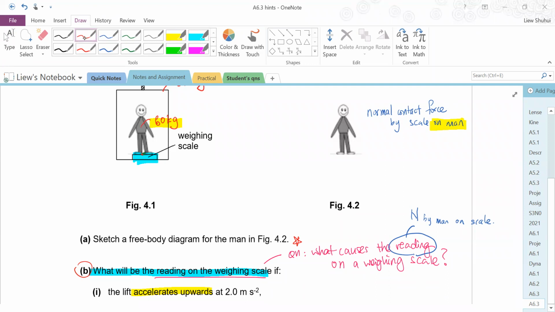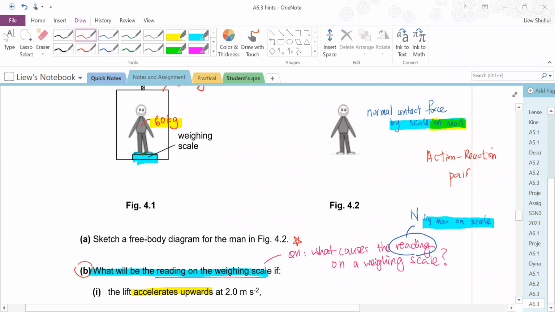You know that the reading on the scale is due to the normal contact force by man on scale. So take a look at the words here: by scale on man, by man on scale. These two forces are actually an action-reaction pair.